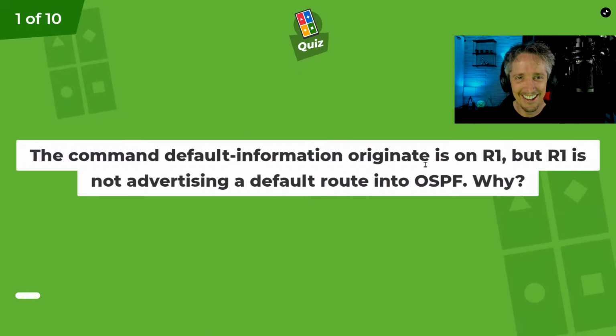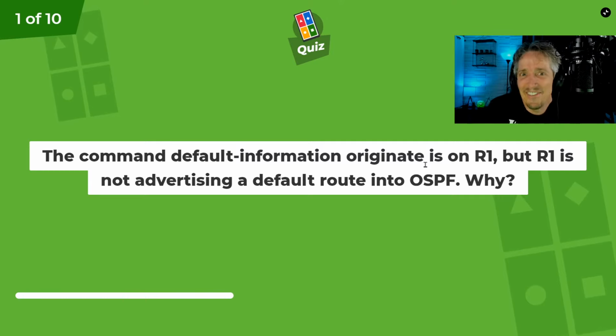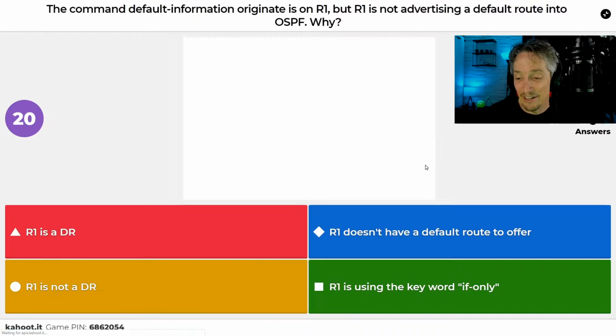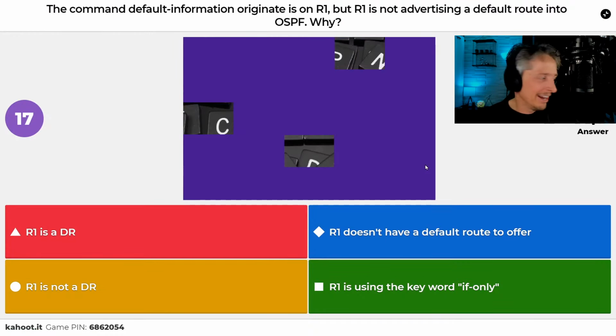Here's our first question. The command default-information originate is on R1, but R1 is not advertising a route into OSPF. Why?